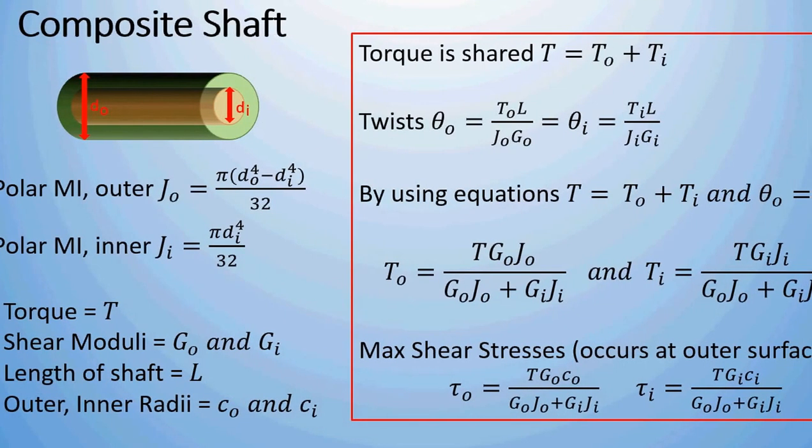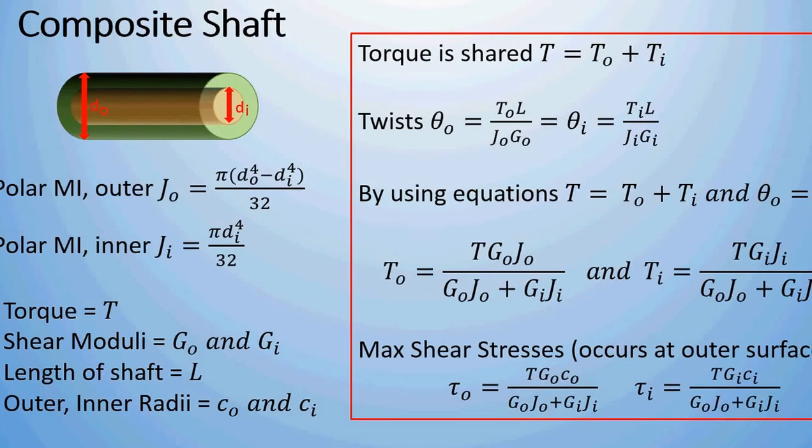A more complex shaft is a composite shaft, in which you have an outer and an inner material. So you have to worry about calculations for the outer or the inner material, or both at the same time. When it comes to the polar moment of area, you have to calculate it for both.